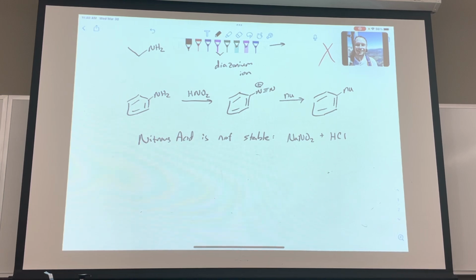So the reaction we're looking at, so that's what nitrous acid would look like. Under the acidic conditions of the reaction, this oxygen will protonate, and that makes a good leaving group.